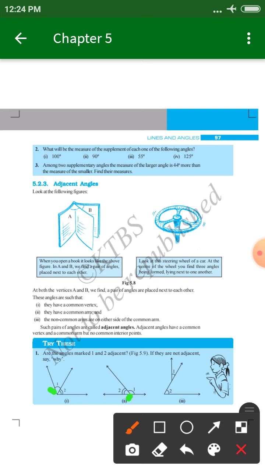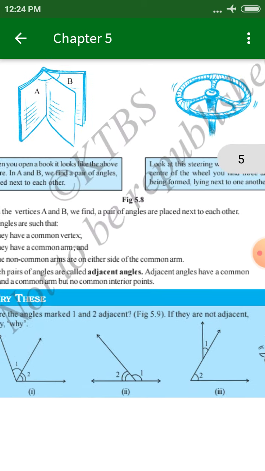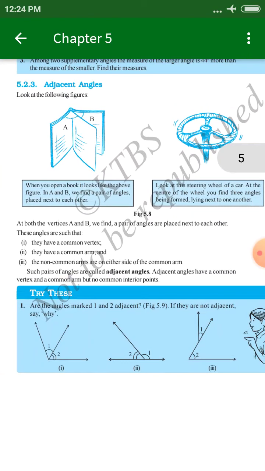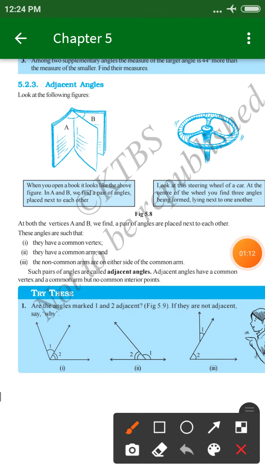Here the definition is given that there are some conditions: it has only one common vertex and a common arm but no common interior points.